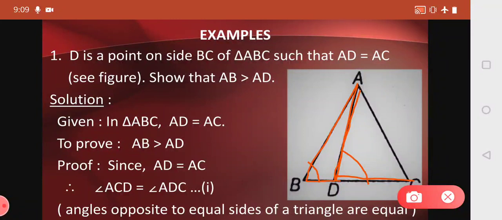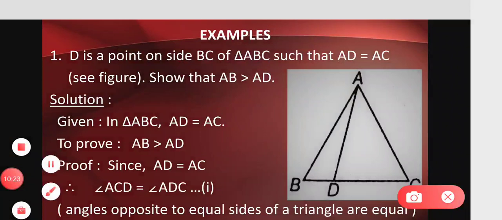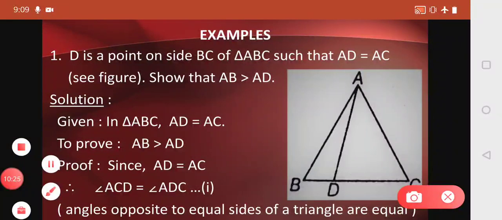But we know that angle ADC is equal to angle ACD. Here we can see. So in place of angle ADC we write angle ACD. This is our angle ACD. So we write that angle ACD is greater than angle ABD. Now again looking at the figure we can see that angle ABD and angle ABC are the same.